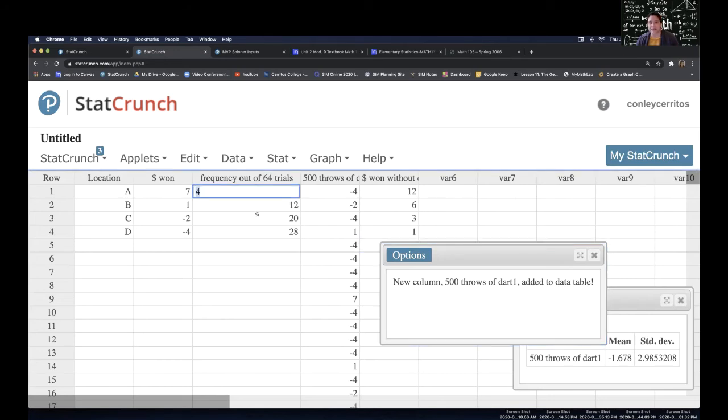I would do that in a perfect world 4 times. I could win $1 in a perfect world. I would do that 12 times. I could lose $2 in a perfect world. I'd do that 20. So I just want to make sure you understand how to take a mean. Basically what you're envisioning is a bunch of data. How many 7s would you see in this data set?